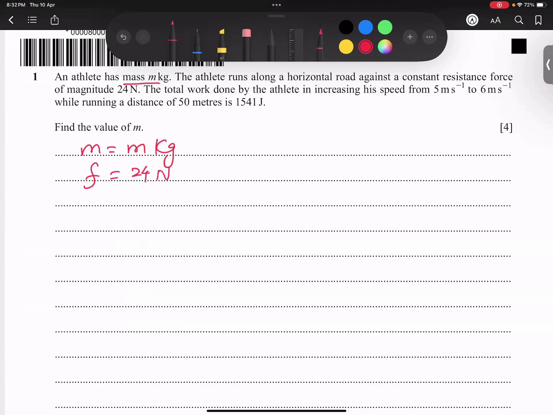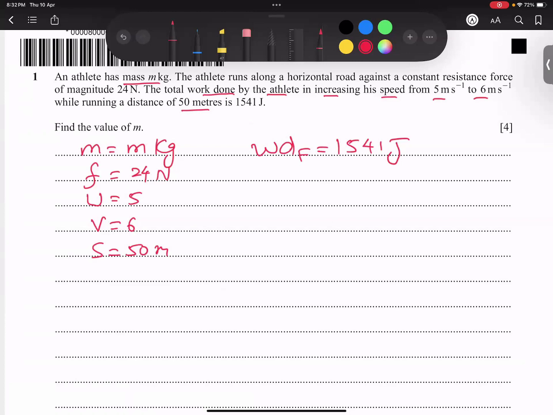The total work done by the athlete in increasing speed from 5 to 6 means the starting speed u is 5 and the final speed is 6, over a distance of 50 meters. The work done by this athlete is 1541 joules.